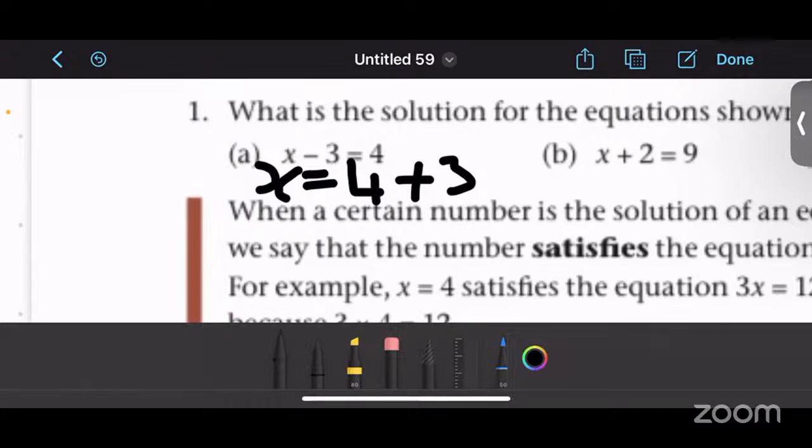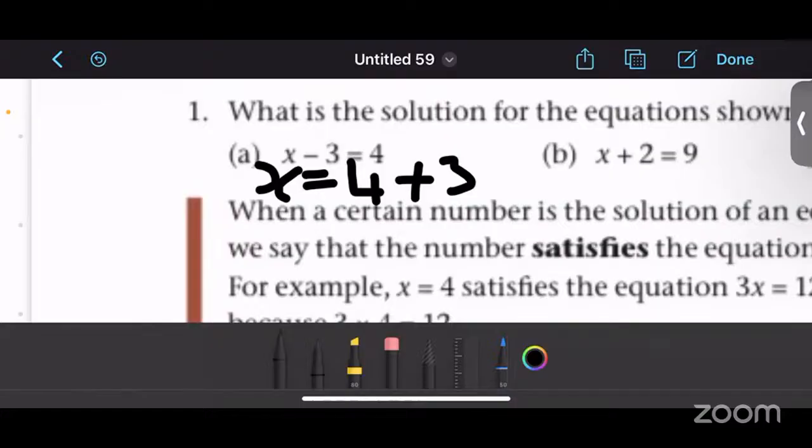Meaning that if it's positive, it's going to be negative. If it's negative, then it's going to be positive. Are we together? Did everybody know this? Did you remember this? Yes, ma'am. Perfect. So that's why we also have the 4 plus 3.